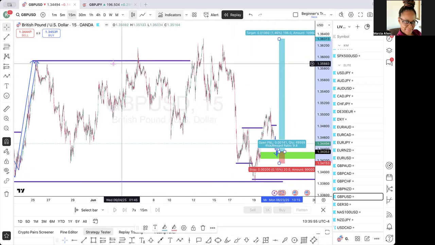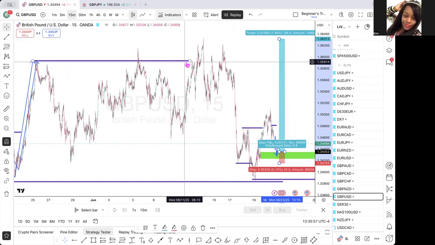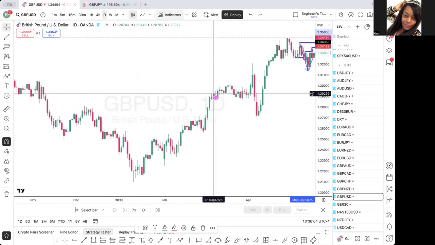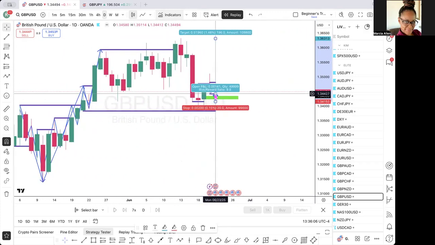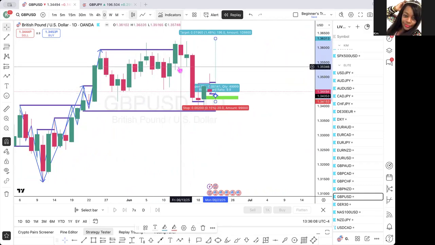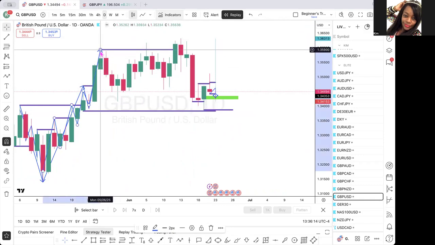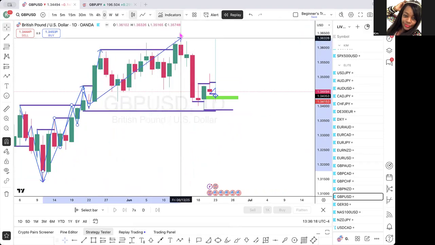And remember, this is a break of structure on the 15-minute, but remember on the daily, it was not. Oh, wait a minute. It was a break of structure. So price did not break structure until this high right here.